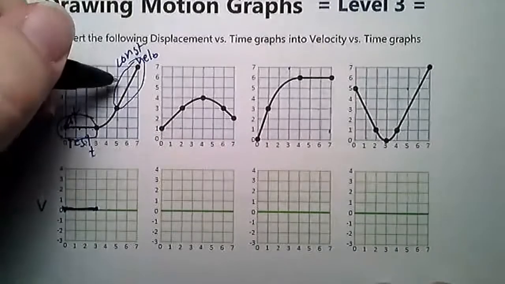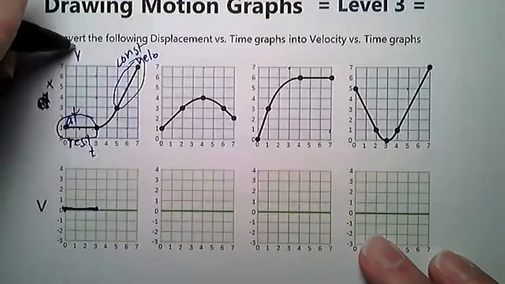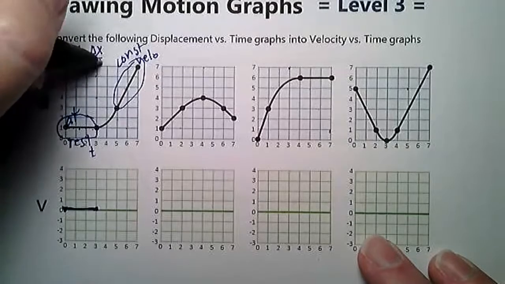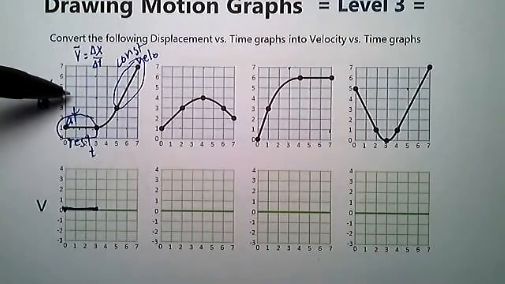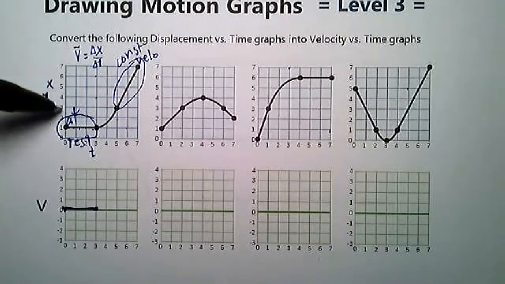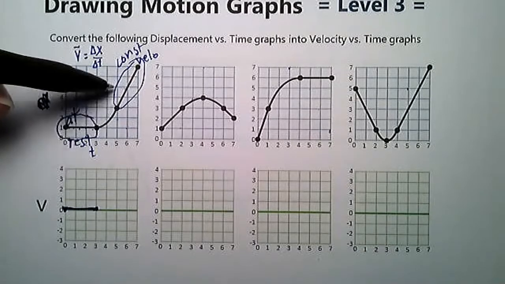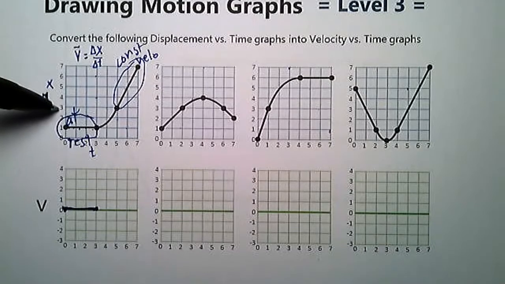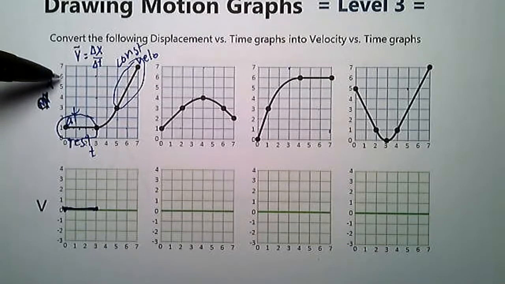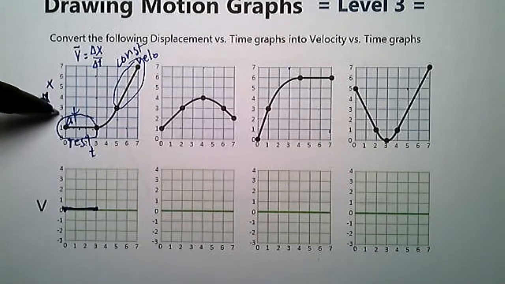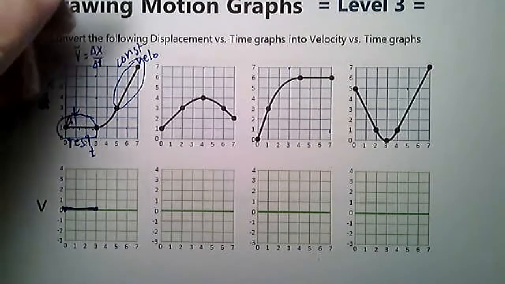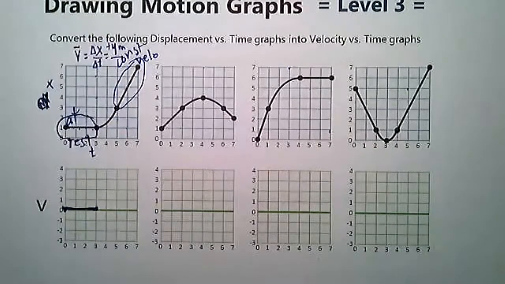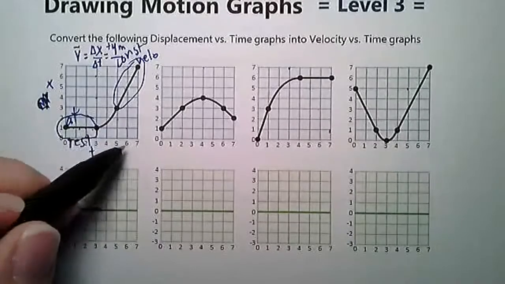How can I figure out what that velocity is? I do it just like we did on the first one. Delta x over delta t. What was delta x? What was my change in position? Well, I went from 3 up to 7. So what would my change be? Well, 7 minus 3, the final position minus the initial position, is 4. So this would be positive 4 meters. Ran myself out of space again. How long did it take?